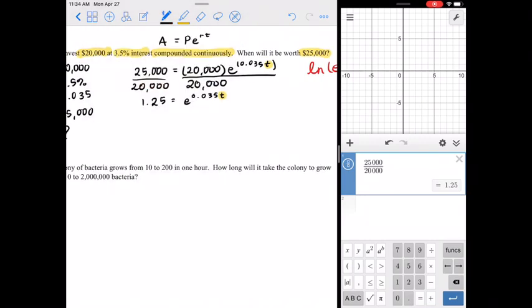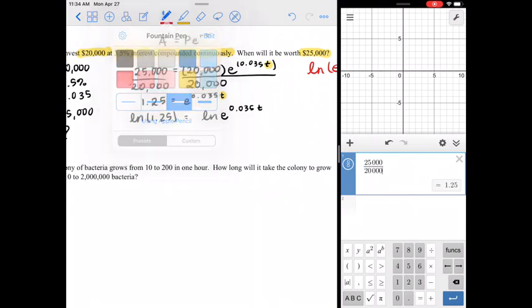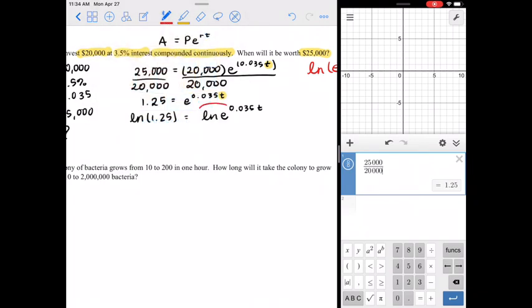So I'm going to take the natural log of both sides, so this side would be natural log of 1.25 is equal to the natural log of E raised to the 0.035 T. But if you remember the log property, when we have something in the exponent, we can bring it down as a coefficient, right? So remember, ln E is just 1, so that's just 1.